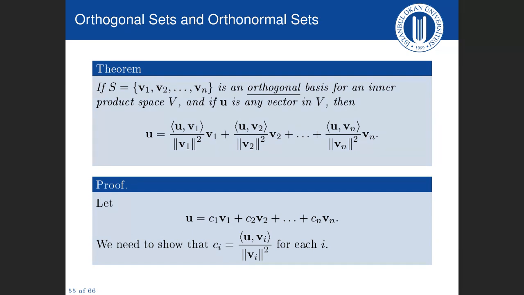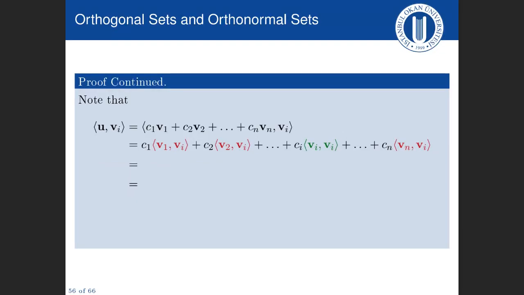And the way that I'm going to do this is I'm going to start by calculating the inner product of U and Vi, and then I'm going to prove that I get Ci times the norm of Vi squared. So, inner product of U and Vi. So that's the inner product of C1 V1 plus C2 V2 plus dot dot dot plus Cn Vn, and Vi.